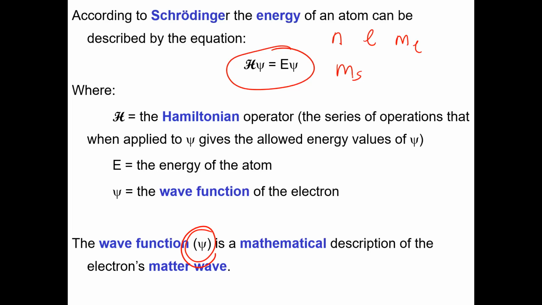We have to put 4 different numbers in that define the wave function of the electron: n, l, m_l, and m_s. Now, if you compare this to the Bohr model of the atom, to calculate the energy of the electron, we only had to put in 1 quantum number, which was n. So the Schrödinger equation is definitely more complicated.